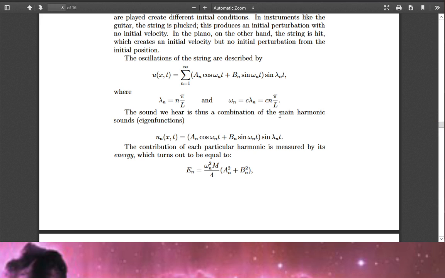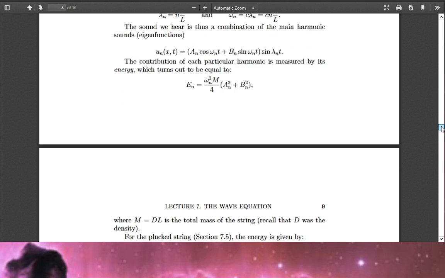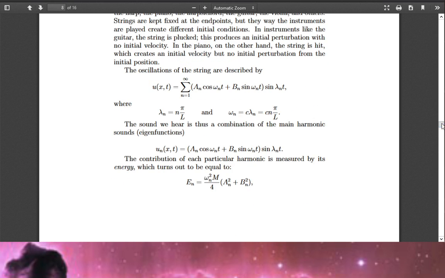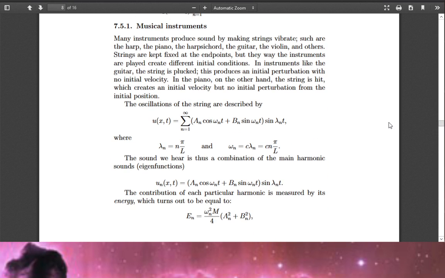Okay, so here you've got this sound representative of a violin string. Now, this is a good example right here. So if we could plot this and set these values, it says the sound we hear is thus a combination of the main harmonic sounds, eigenfunctions.